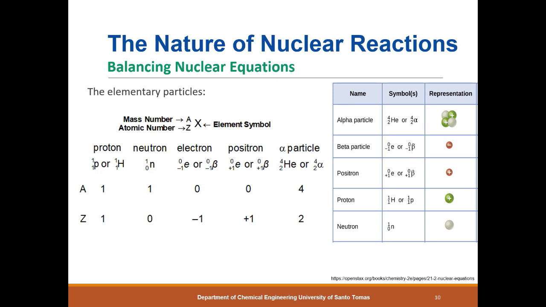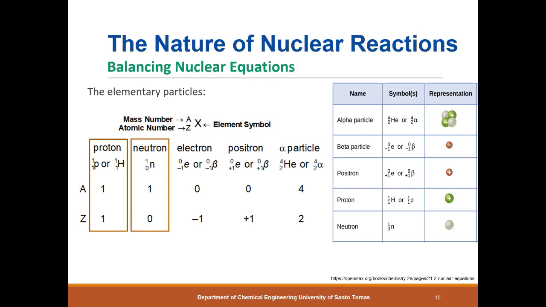In accordance with the notation, the superscript in each case denotes the mass number, or the total number of neutrons and protons present, and the subscript is the atomic number, or the number of protons. Thus, the atomic number of a proton is 1 because there is one proton present, and the mass number is also 1 because there is one proton but no neutrons present.